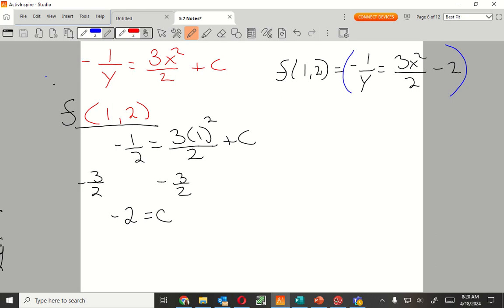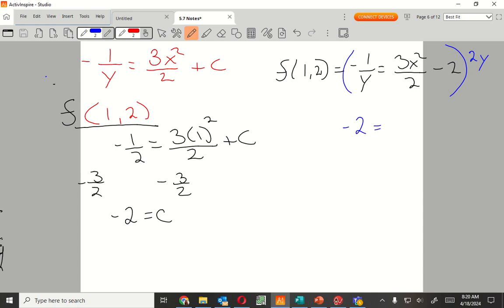What's my common denominator of the entirety? y and 2, right? So common denominator for both of those is just 2y. So 2y times the left side is going to give me a negative 2 because the y's cancel.